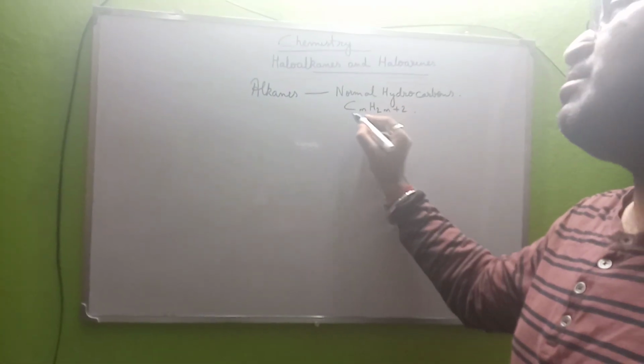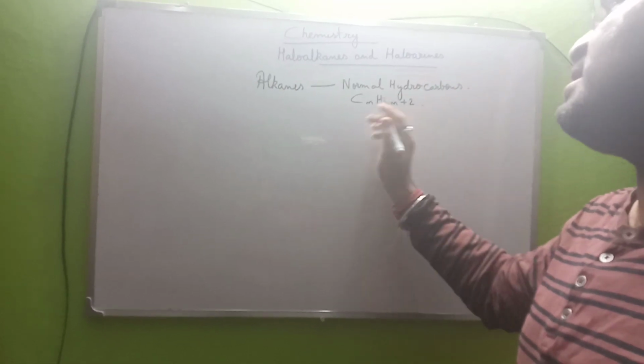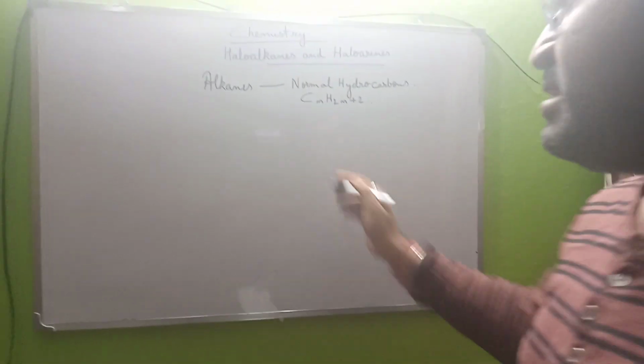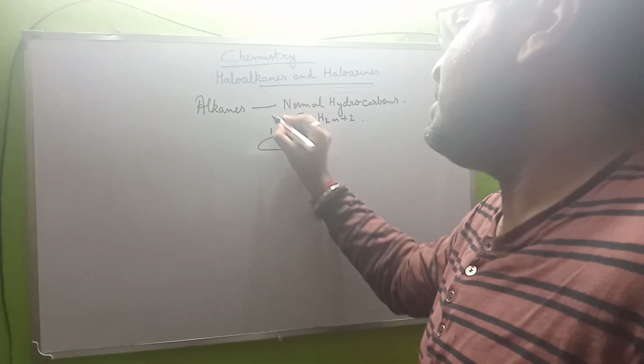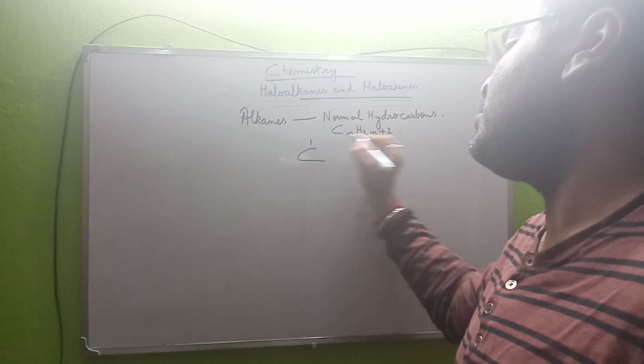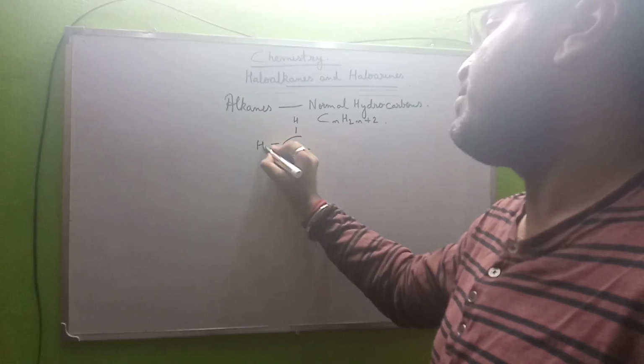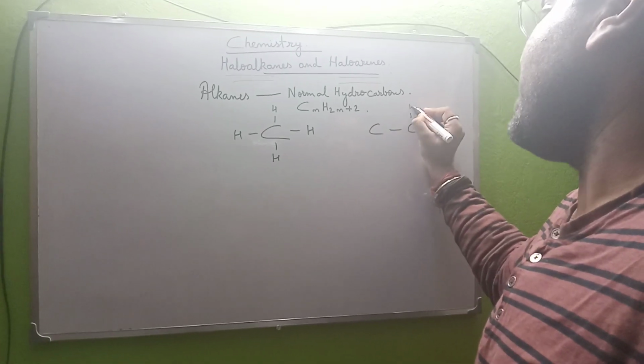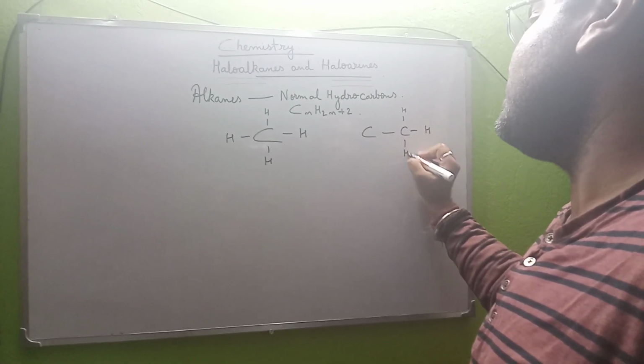We all know from class 10 that the general formula is CnH2n+2. Means if I take one carbon, it will be 2 into 1 plus 2, that is 4 hydrogens. If I take 2 carbons, then it will have 6 hydrogens.